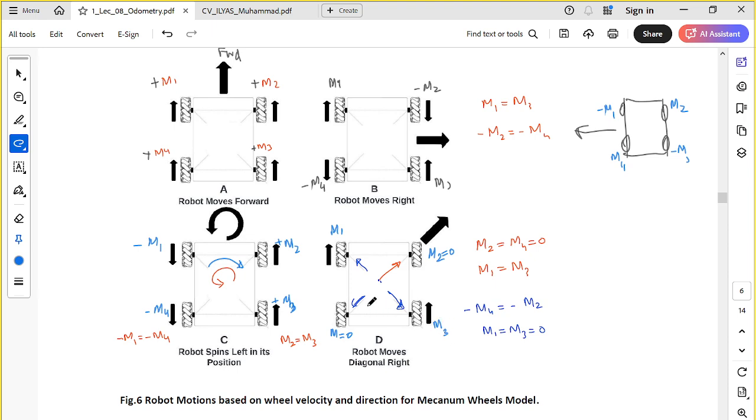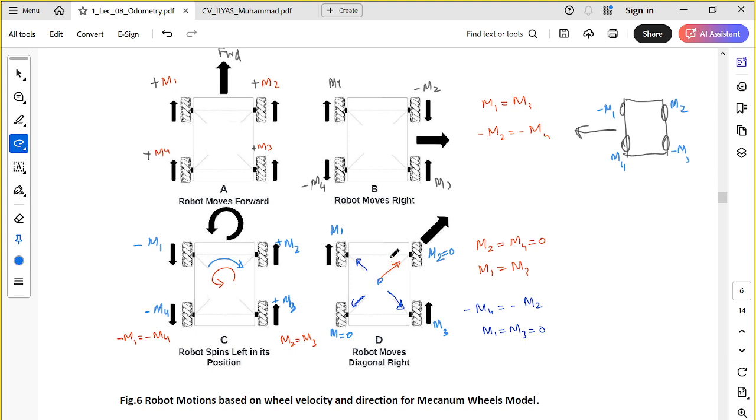Your mobile robot chassis will move at a 45 degree angle in the upper right diagonal direction. Similarly, you can move it in any direction. So by changing the speed and the direction of your voltage, you can move your robot in diagonal directions as well.